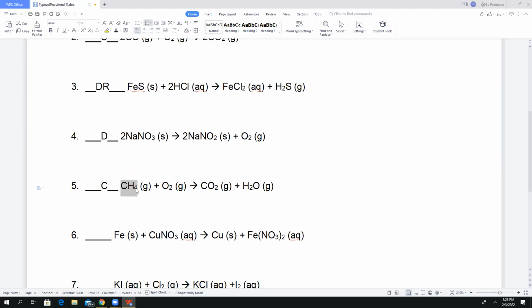Okay, so you have 4 hydrogens, so you're going to need a 2 here. You have only 1 C, so that's balanced. So now what you need to do is count how many oxygens you have. You have 2 here, and you have 2 here, which gives me 4. So that means I need a 2 right there to balance these oxygens once and for all, right? And that should all be balanced now.